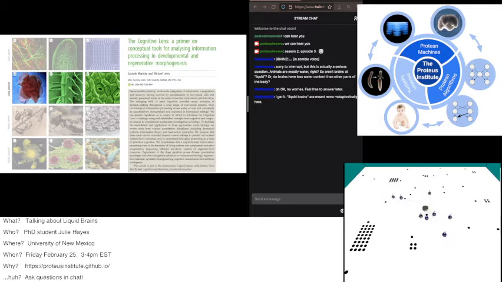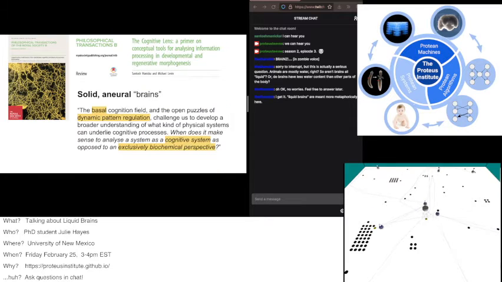How do the cells in the frog come together to make a frog liver or whatever? That's a very gross, and not quite accurate enough, example of what we're talking about by these solid aneural brains. And they call that process, this idea of aneural cells coming together to do something, basal cognition.